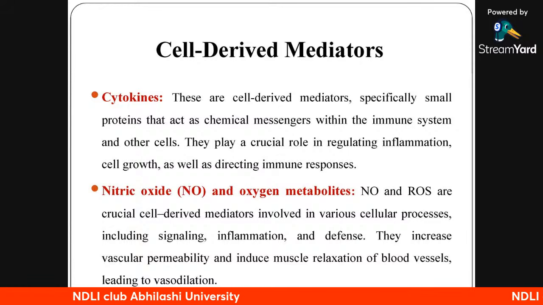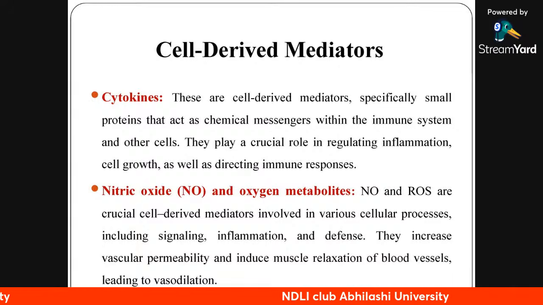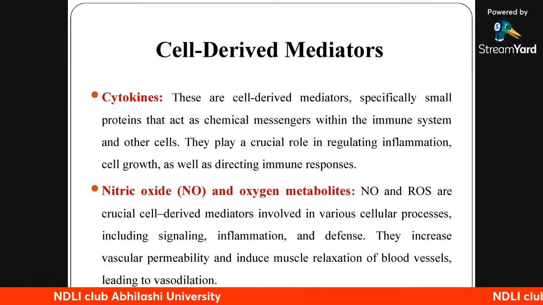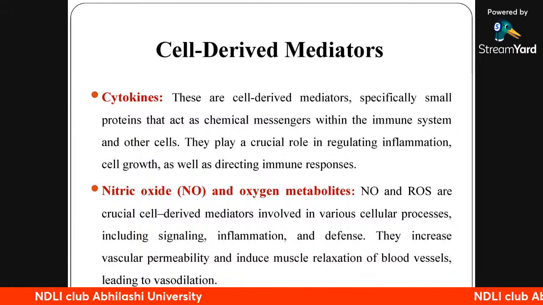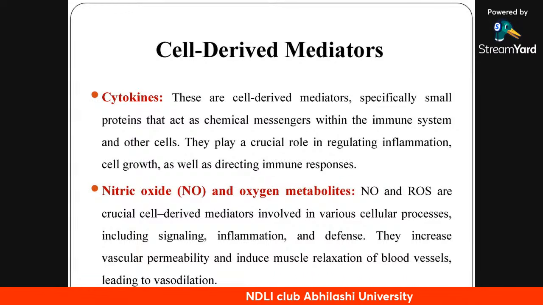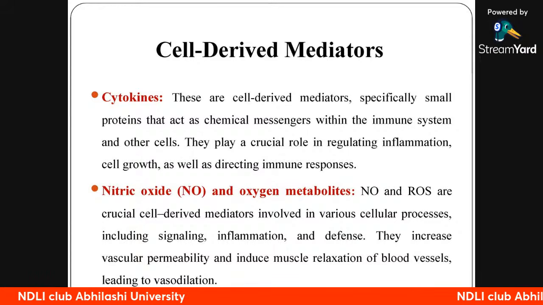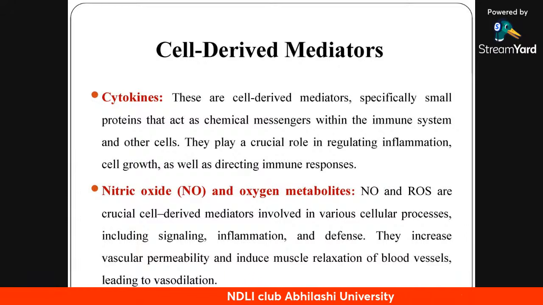They play an important role in regulating inflammation as well as directing immune responses. Nitric oxide and oxygen metabolites. Nitric oxide and reactive oxygen species are released from activated neutrophils and macrophages, and both act as potent mediators of inflammation by increasing vascular permeability and inducing relaxation of blood vessels.